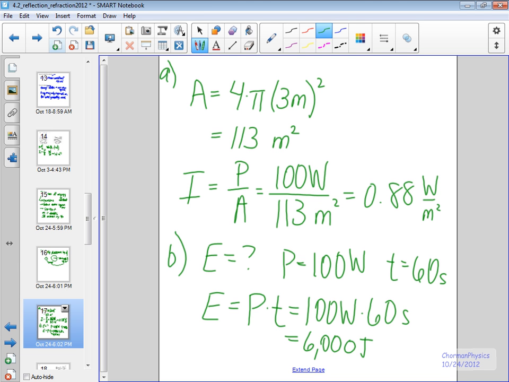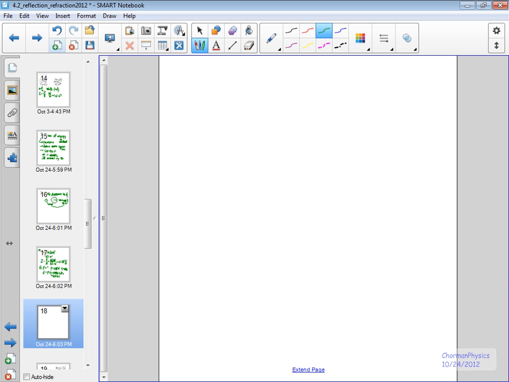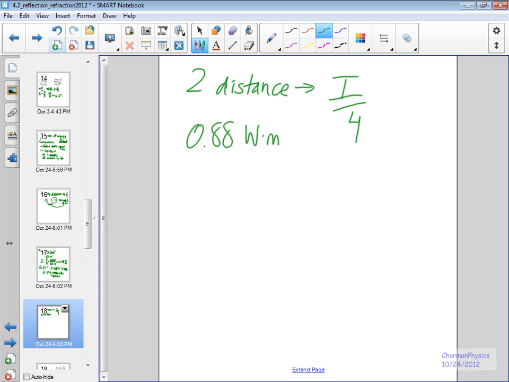And then the final part here, what would the intensity of the sound be if they stood 6 meters away? Well, we've doubled our distance, 2 times the distance. So the intensity is reduced by a quarter, right?